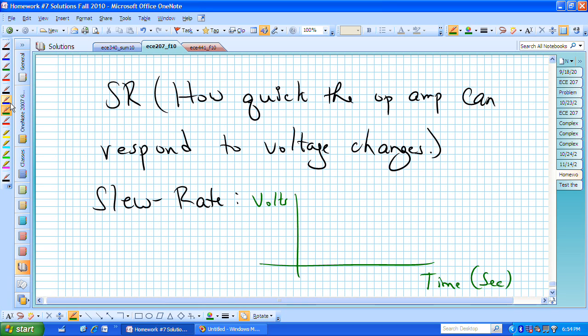That slew rate tells us we can get to this magnitude of voltage in so many seconds, or partials of a second. And if we went all the way out to, let's say, 1 second in time, then this slew rate would be how large our value could be in terms of voltage.